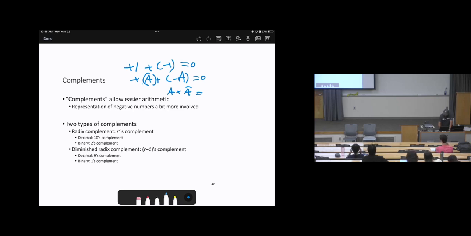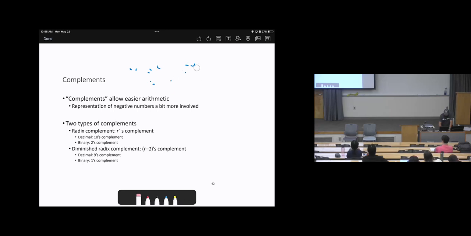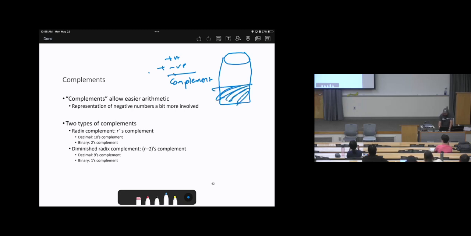In other words, let me draw it in a different way. Positive plus negative will complete each other, they will be complements. Let's look at a cup. We have the filled half of the cup, and we have the empty half, right?